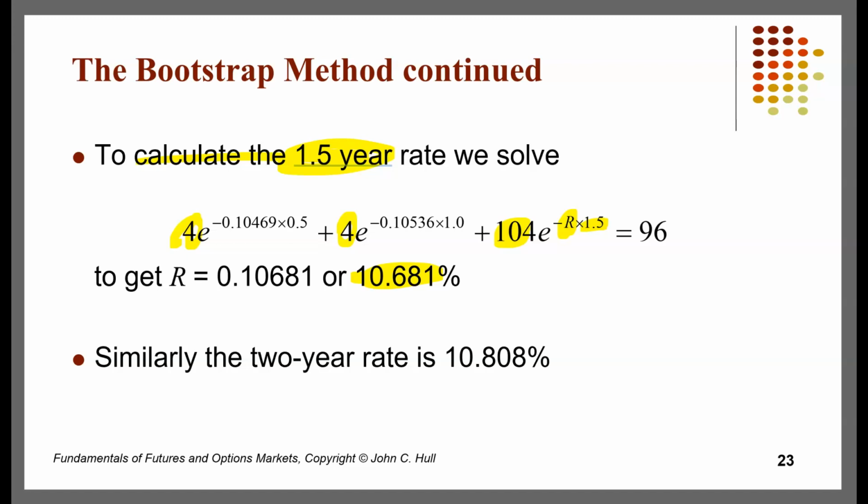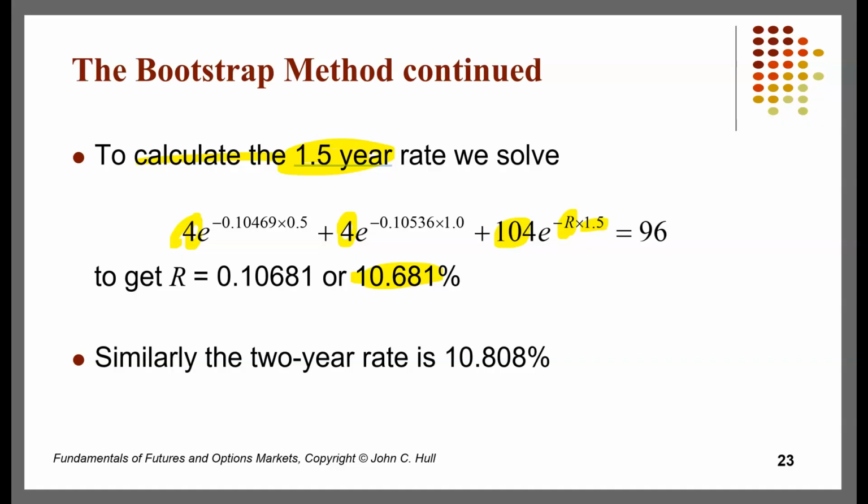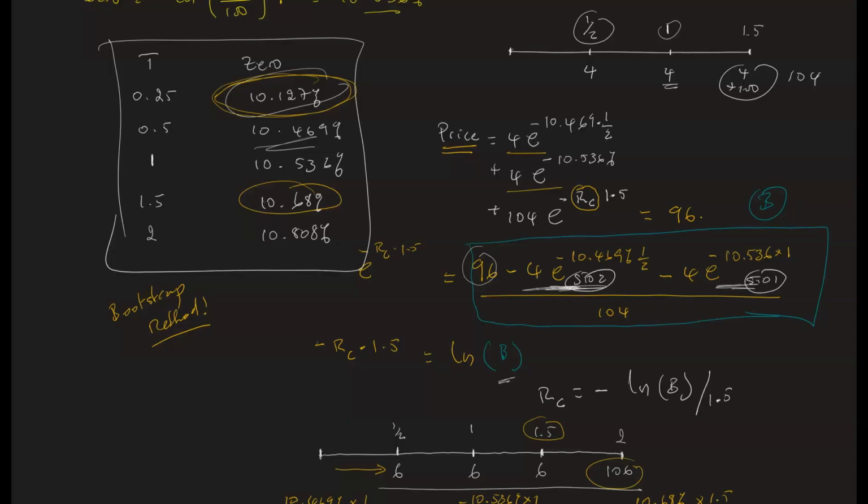So the 1.5 years, what did we get there? We get 10.68, and that was 10.681. And for the 2 years, if you did exactly what we did there, you would have 10.808. And that is exactly what we have here, 10.808.